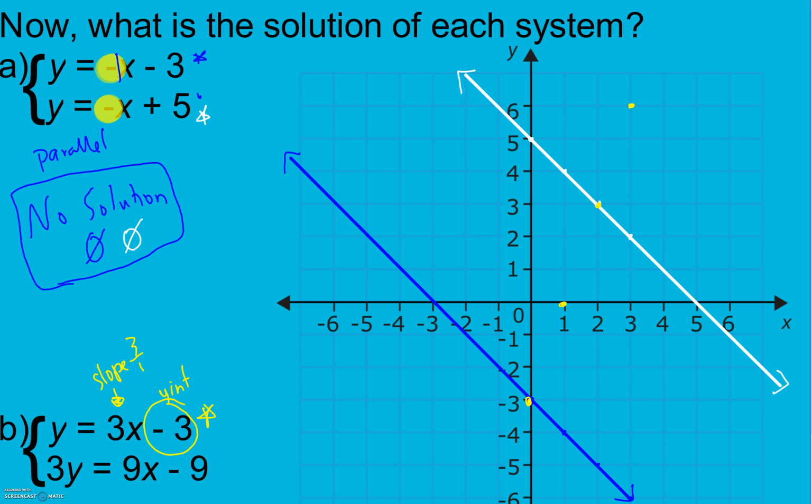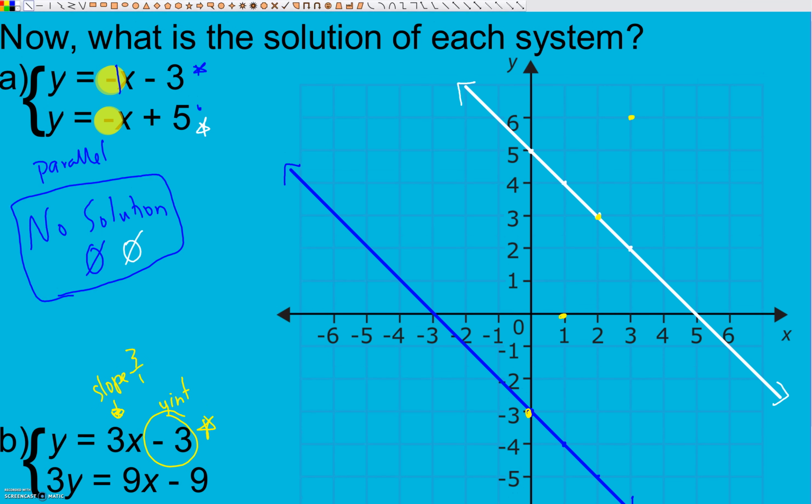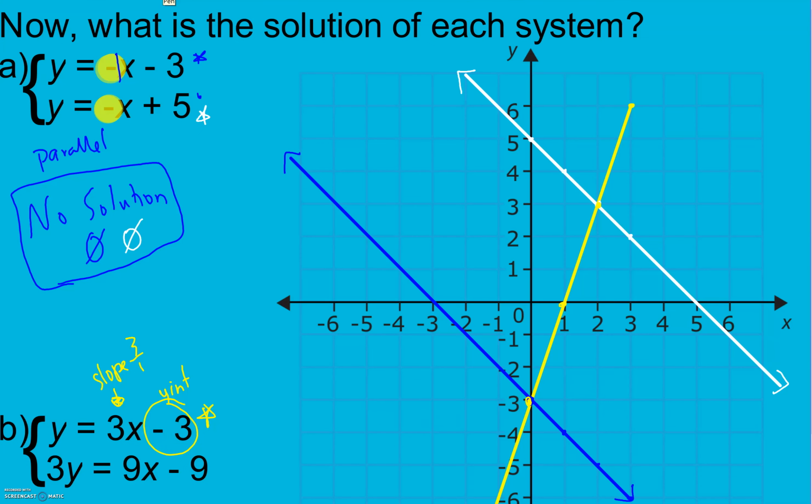Connect them to form your line and draw it in, with arrows to show that it continues. Now our second one, okay, I'm going to use intercepts again. You can divide by 3. Actually, I'll do that. Divide by 3.